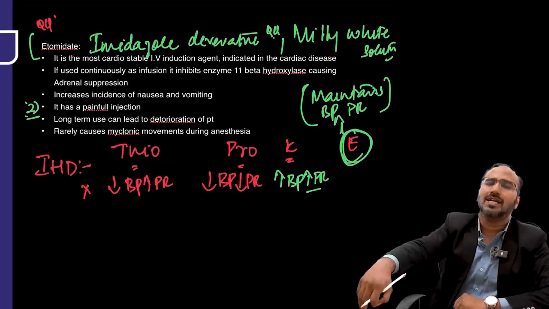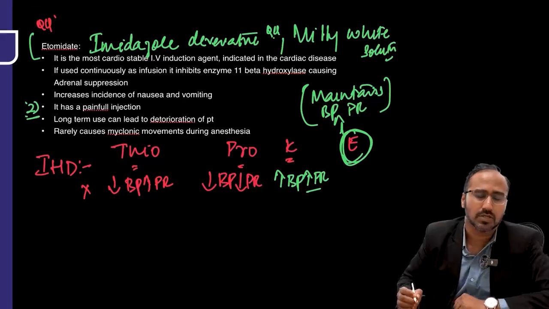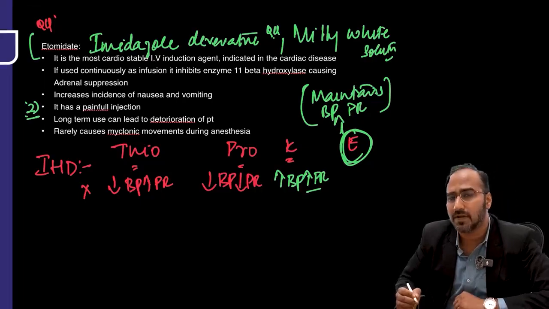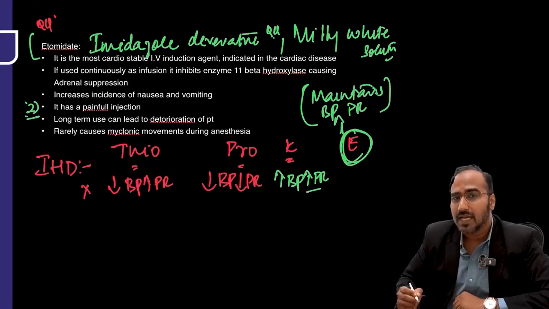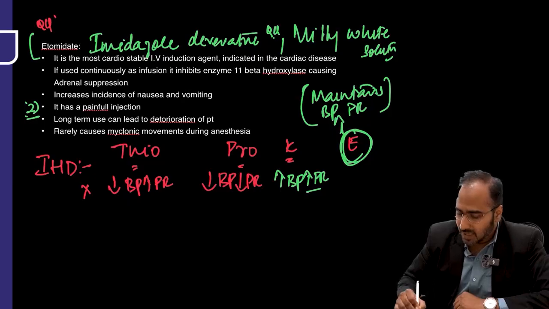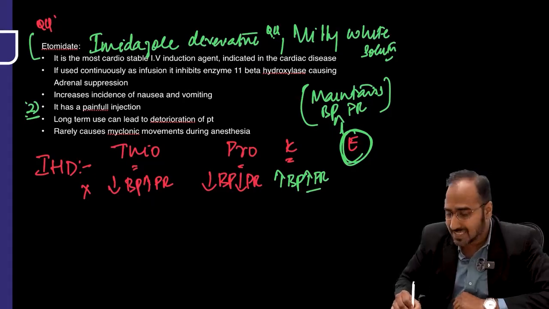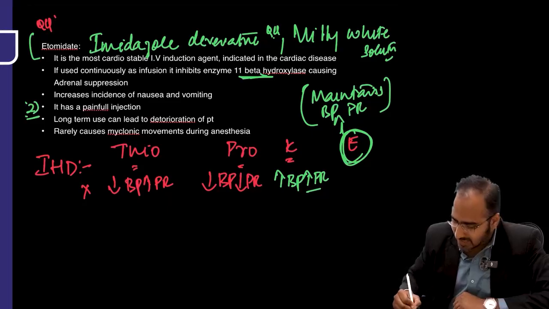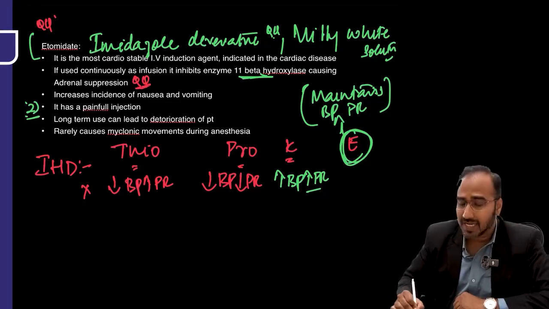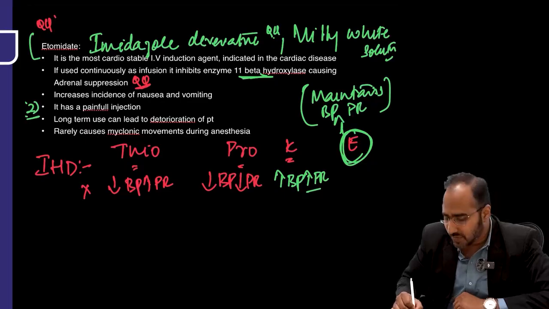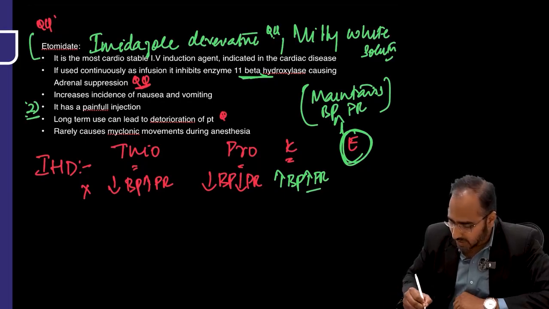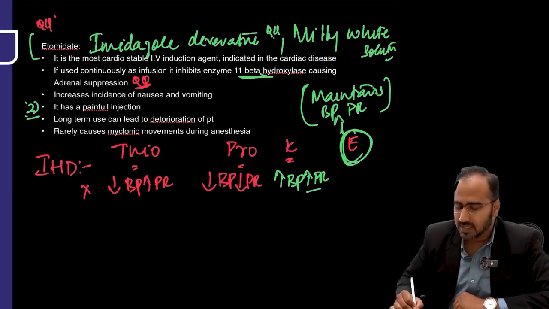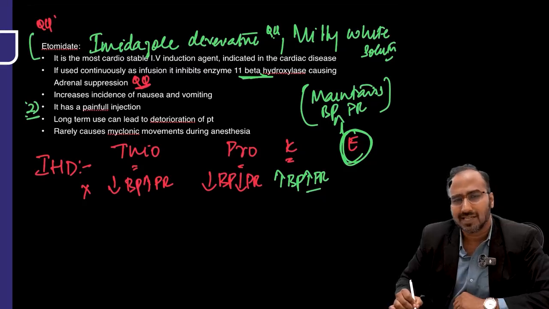If you give etomidate to any patient on long-term infusion, what will happen? It will inhibit an enzyme called 11 beta hydroxylase, leading to adrenal suppression. Very, very important. That can cause rapid deterioration of the patient's health.